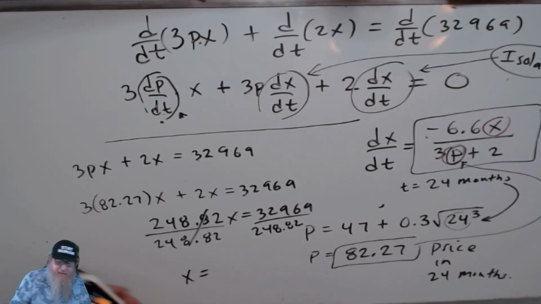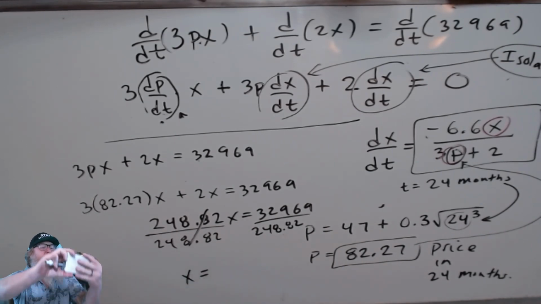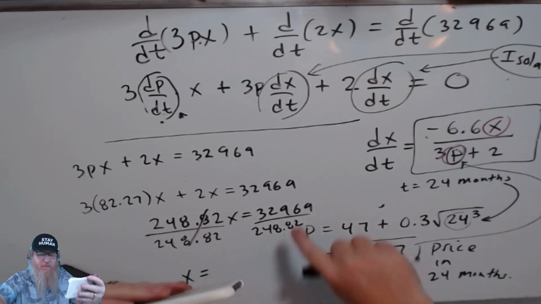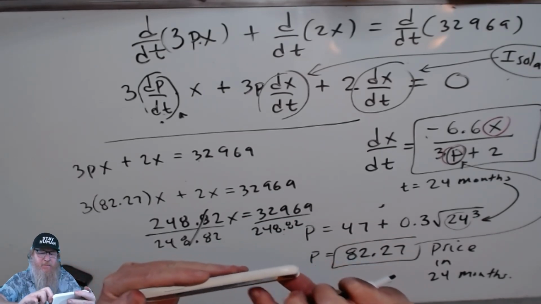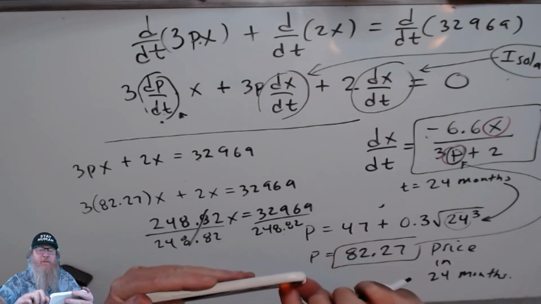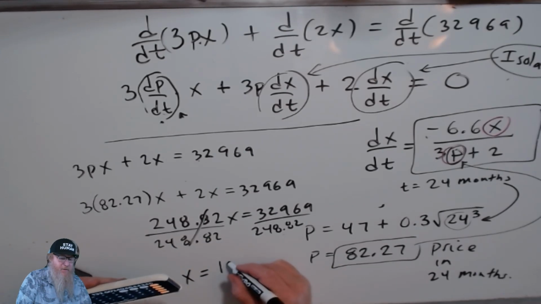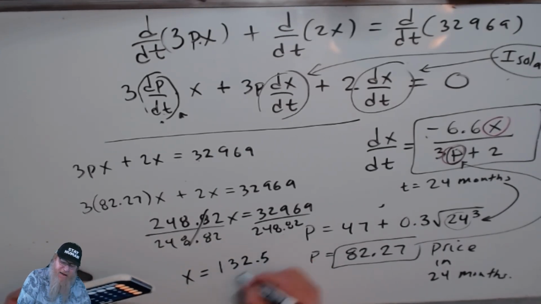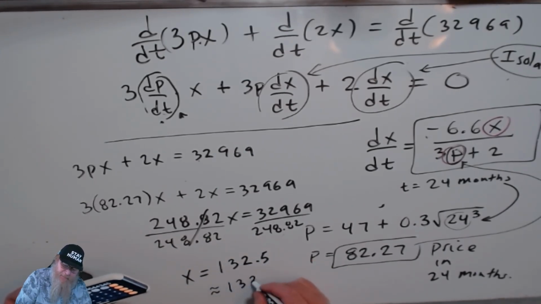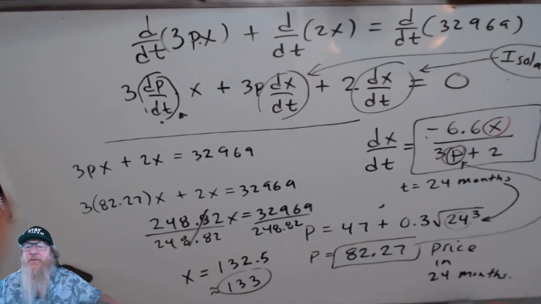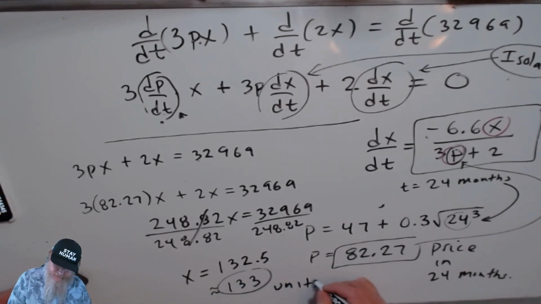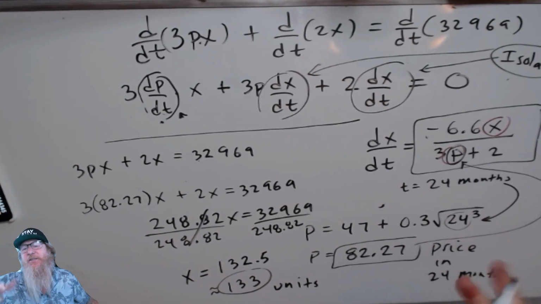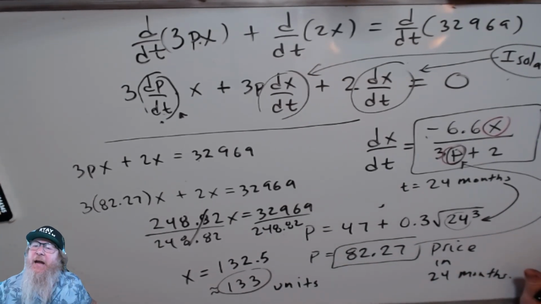And there's your x. $132.5. I guess I'll round up to 133 units. Although that does throw off the answer a little bit, but that's okay. I have a tolerance for the answer.